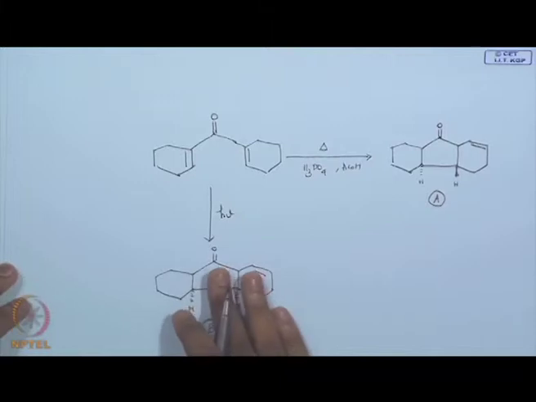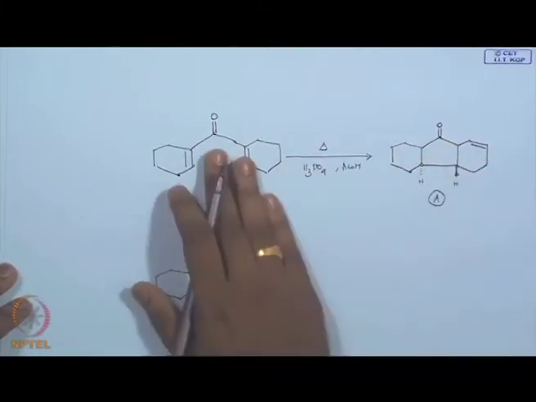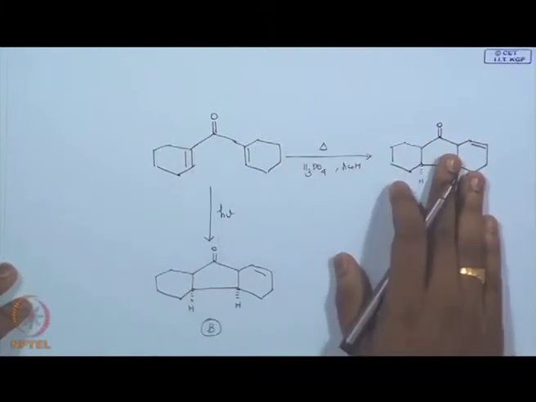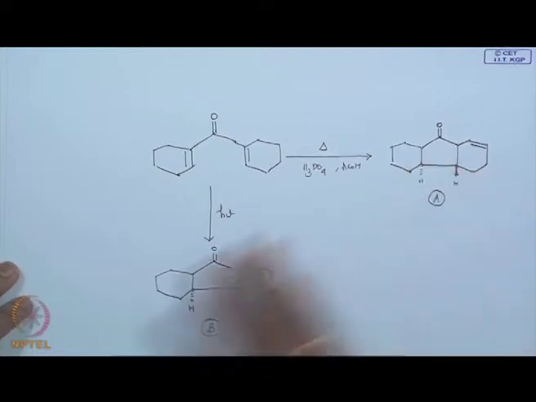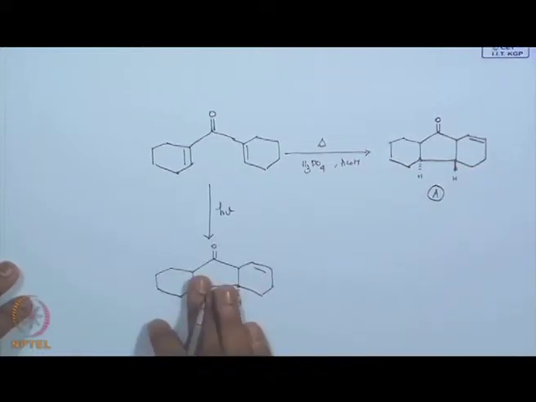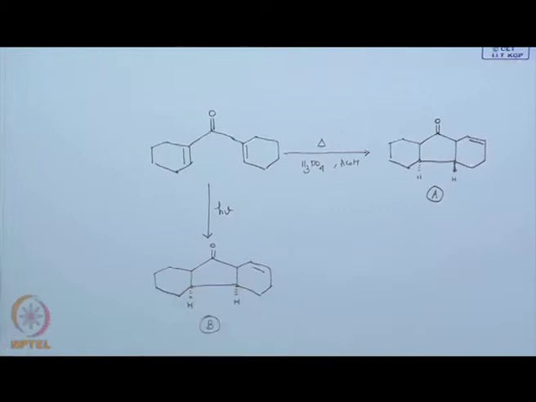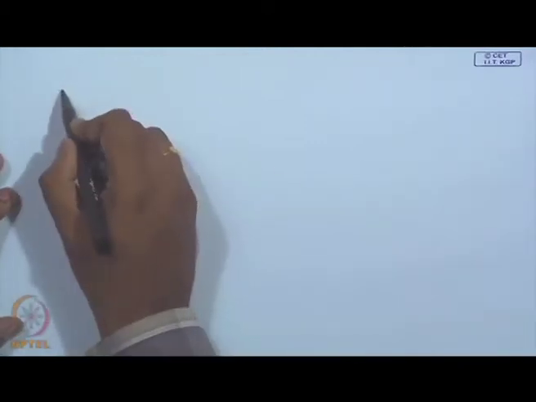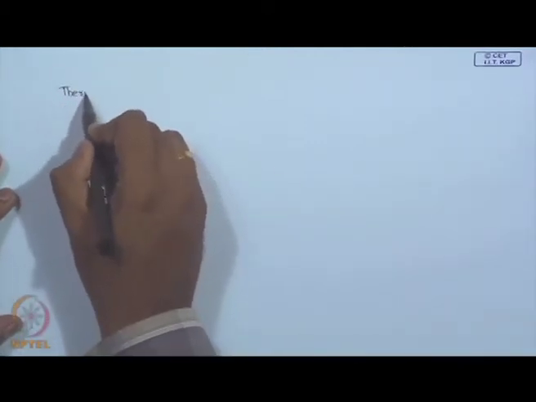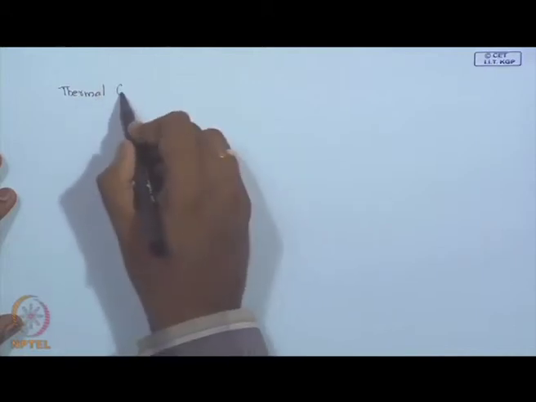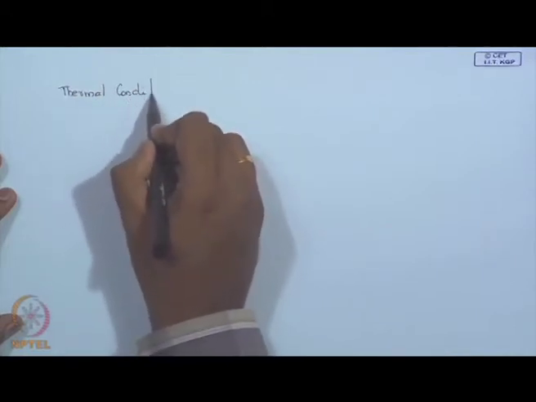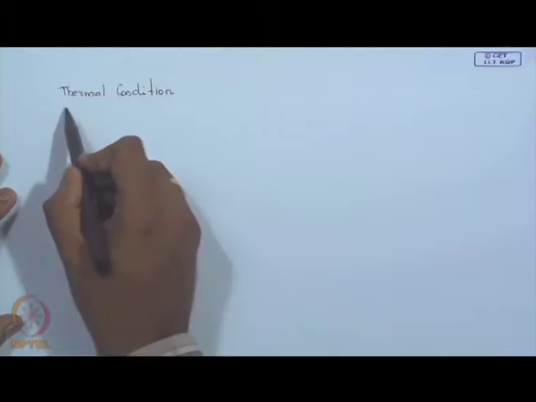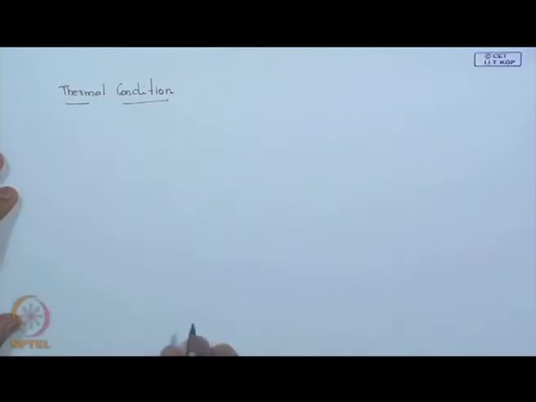So, what we will do now, we will try to understand the mechanism by which you get this product first on thermolysis, then we understand how we get this product on photolysis. Clear? Now, we will see what happens in thermal condition, how we got that product. What happened in thermal condition.